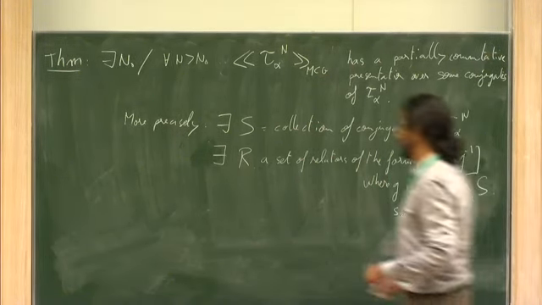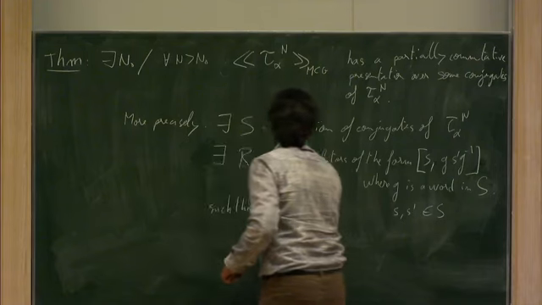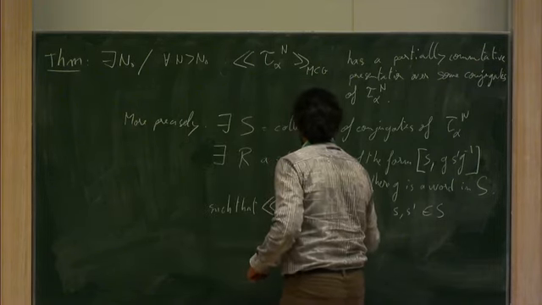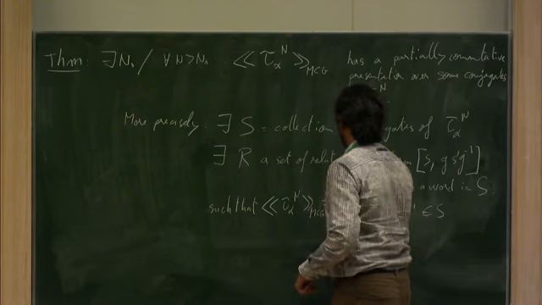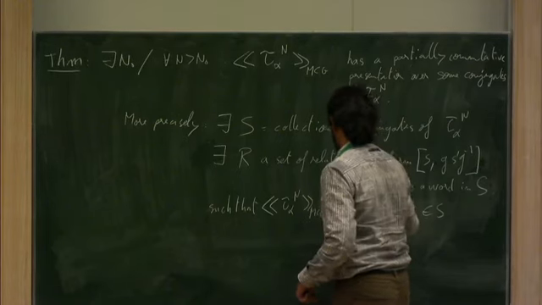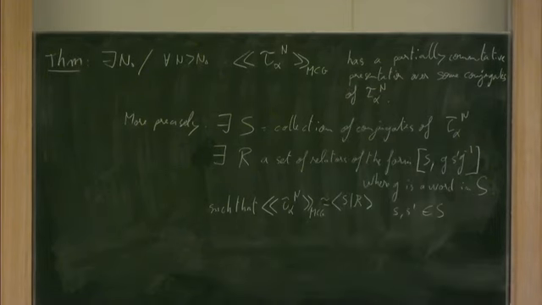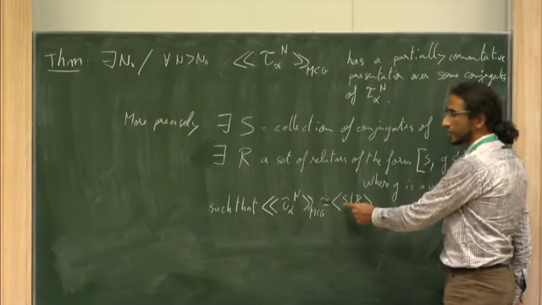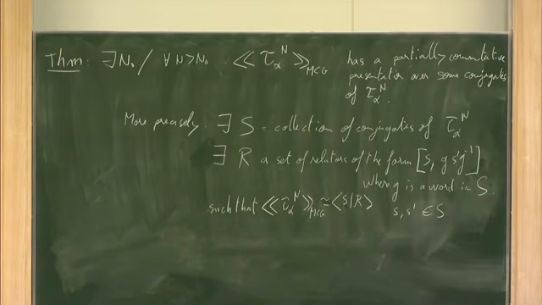And such that my group, the closure in the mapping class group of tau alpha to the n, is isomorphic to the group generated by S with relators R. And I should say in a natural way, meaning that the isomorphism really sends the element S to what it really is.